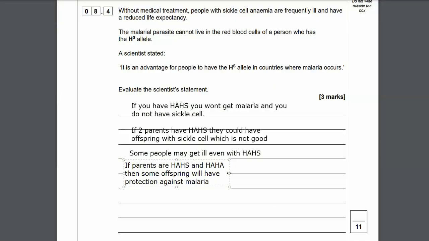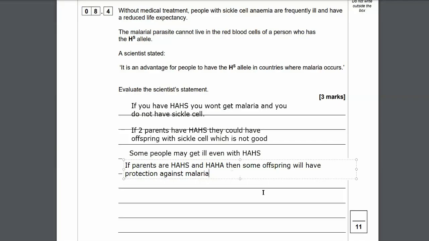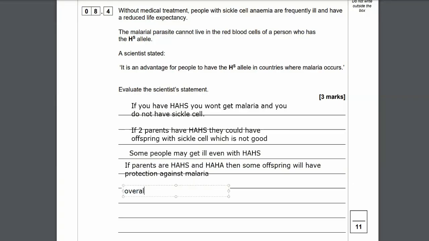If parents are HAHS and HAHA, then some offspring will have protection against malaria. We could also say if parents are HAHS and HAHS, then 50% of them will have the protection against malaria, won't they? Or in the example I've given above.